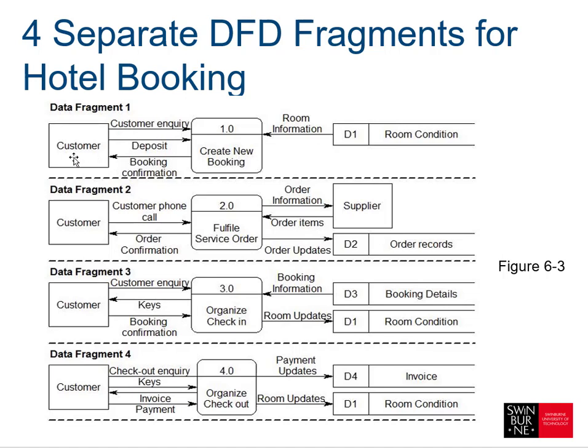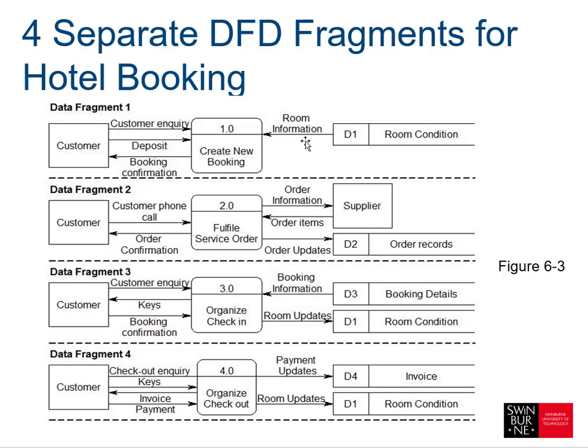The external agent is the customer, okay? So the customer makes an inquiry, and then he pays the deposit, and then the booking confirmation goes back to the customer. So in order to process that information, the system needs to read data from the room condition report.